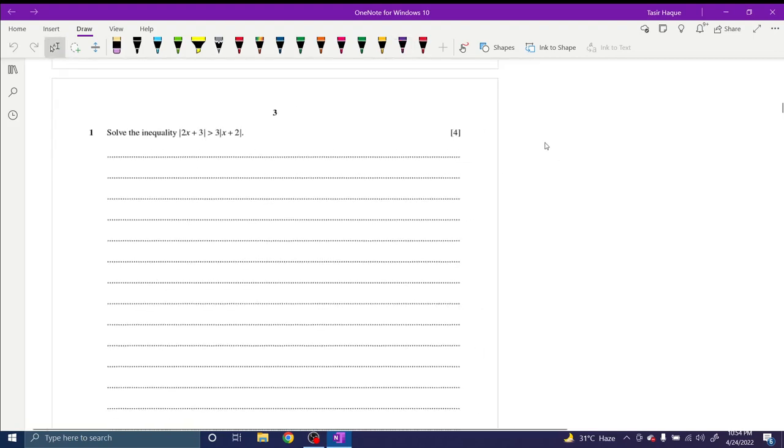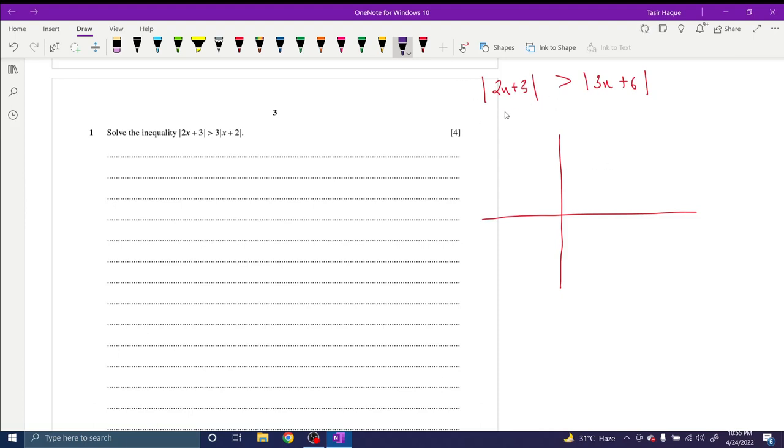I'll do the graphical method first. So you need to find out the points, you need to find out the roots of the equation basically.